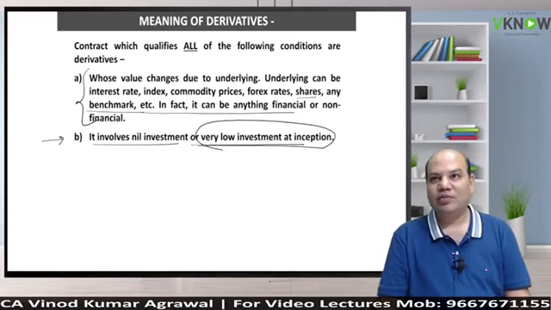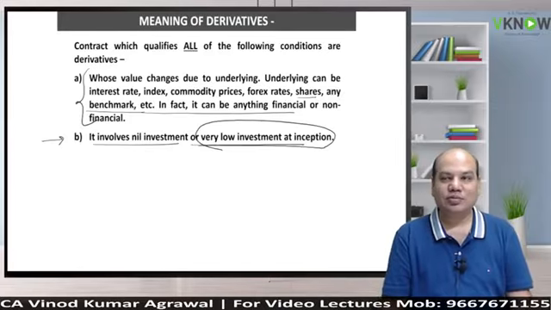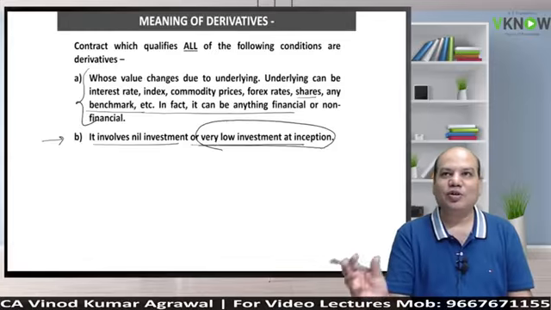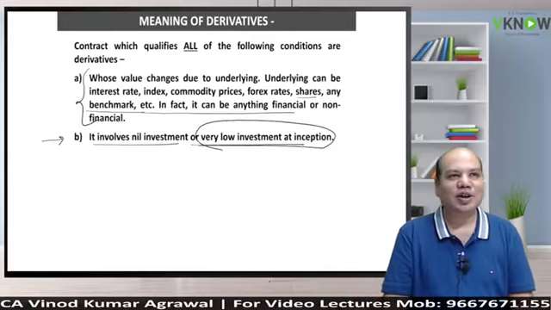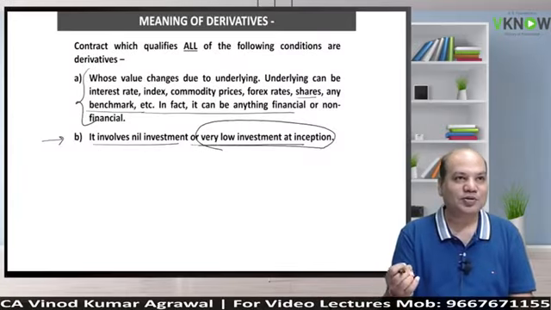Some investment is required, but that is much lower than the value of the underlying. Gold future: 1 kg gold you will buy for 50 lakh rupees, but a future on 1 kg gold can be entered into for 5 lakh rupees also. So where you require 50 lakh, you can get the same benefit for 5 lakh rupees also.